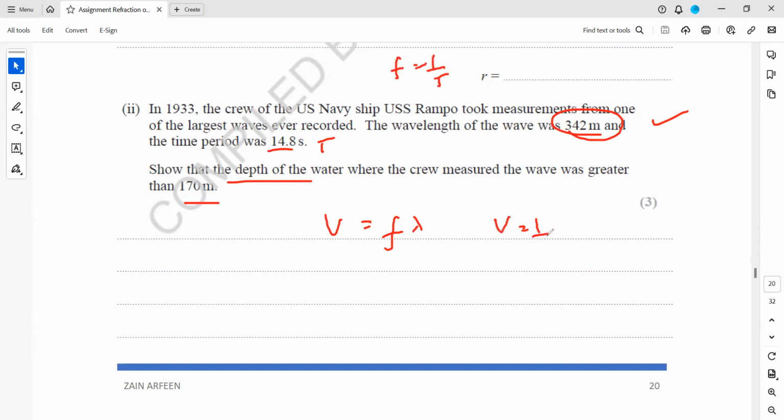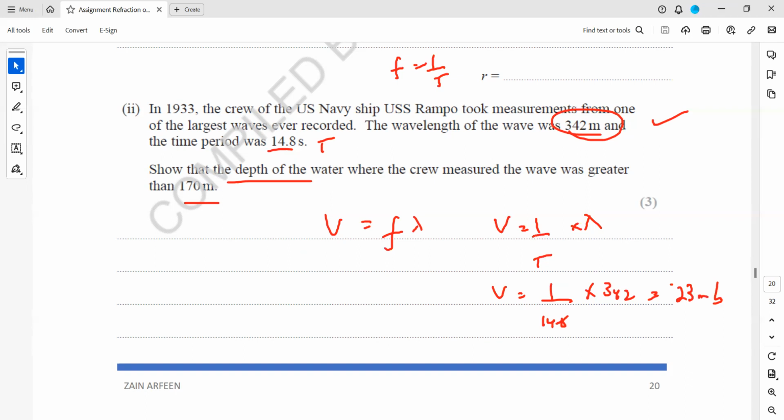So speed equals 1 over T into lambda. So 1 over 14.8 multiplied by the wavelength lambda, which is 342. We will get the speed of this wave in deep water, which will be 23 meters per second. Okay, 23.1. So this is 23.1.